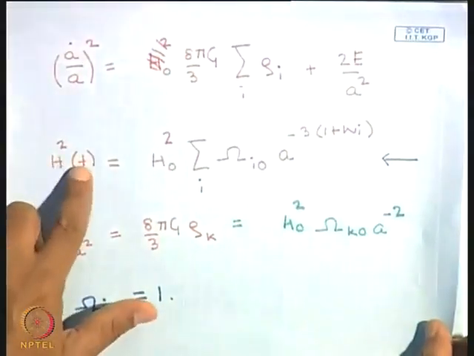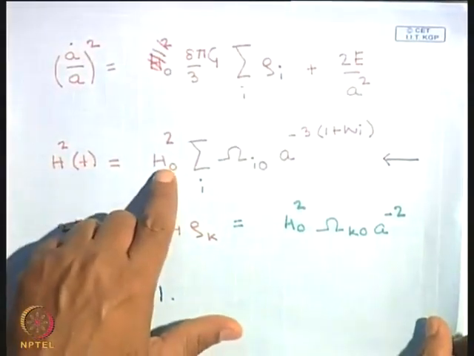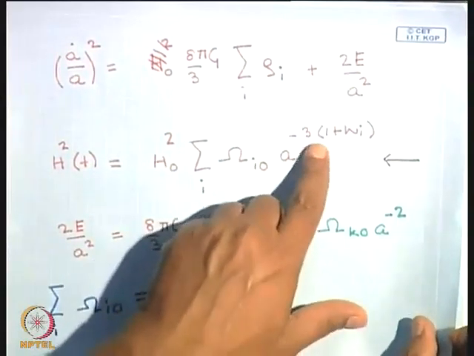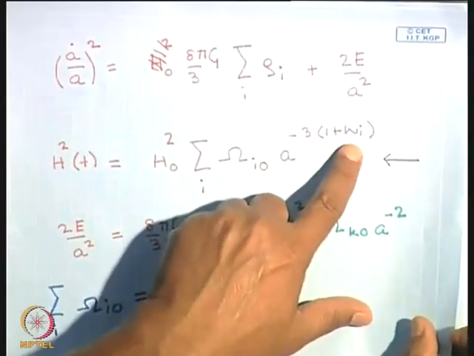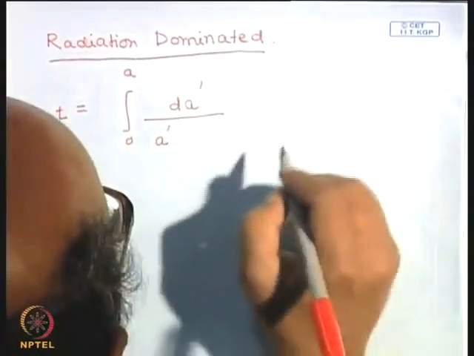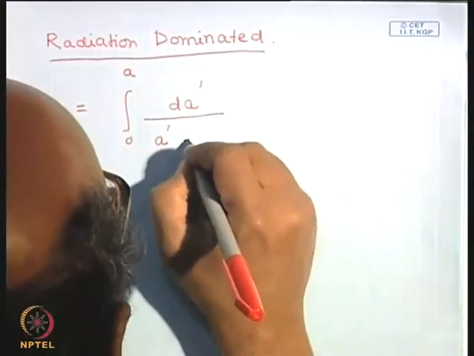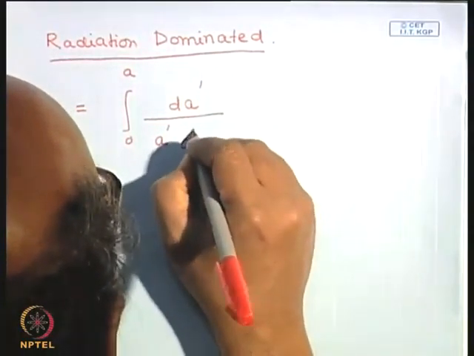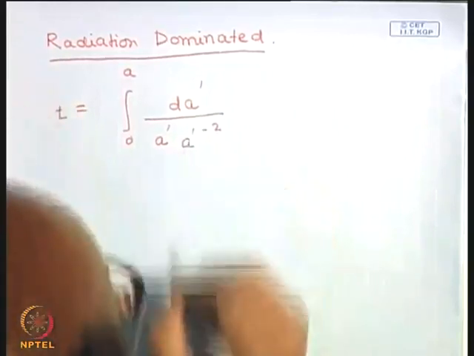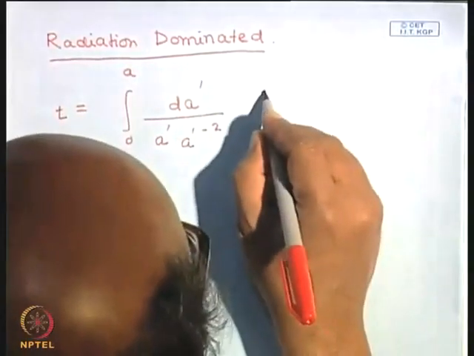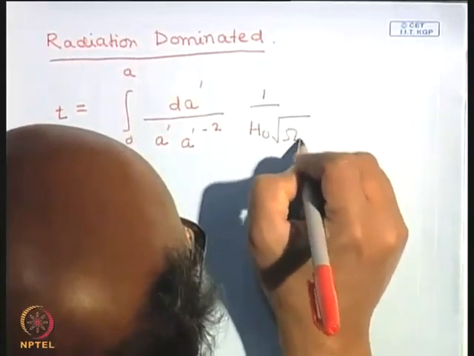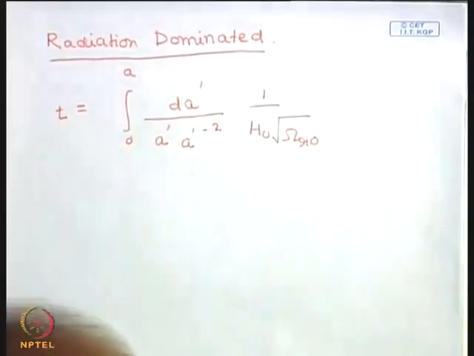I have to put H(a) there, so this is going to be H naught square root of Omega r naught a to the power minus 4, so minus 2. So I have a' to the power minus 2 and 1 by H naught square root of Omega r naught.